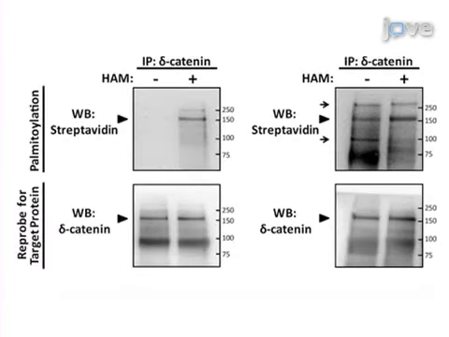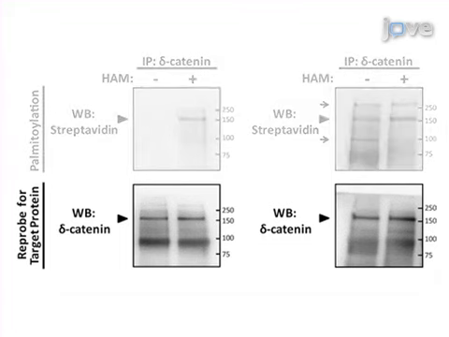Because hydroxylamine is a powerful reducing agent that results in limited degradation of the target protein, it is necessary to normalize the amount of immunoprecipitated protein used for minus and plus HAM samples. Normalization requires the use of double the amount of immobilized target protein in the plus versus the minus HAM sample, which results in indistinguishable Western blotting profiles for the target protein, as shown for delta-catenin.